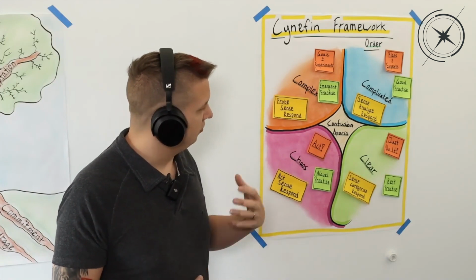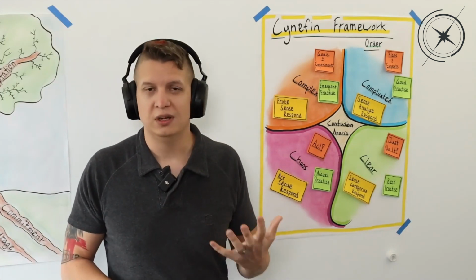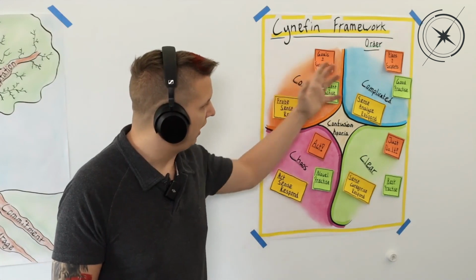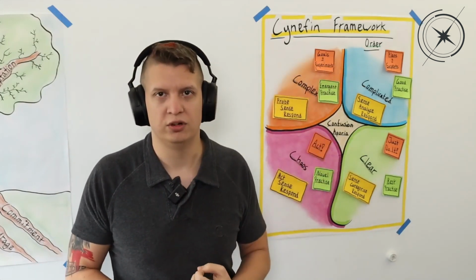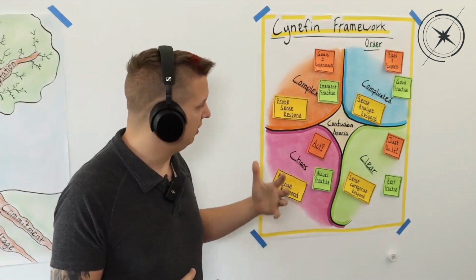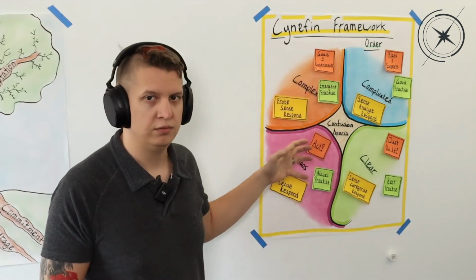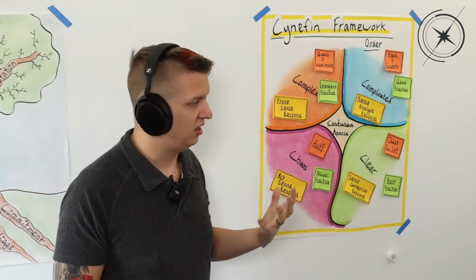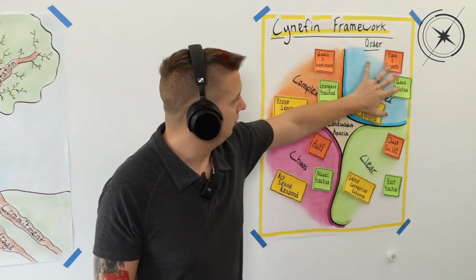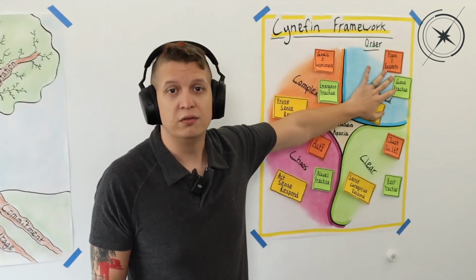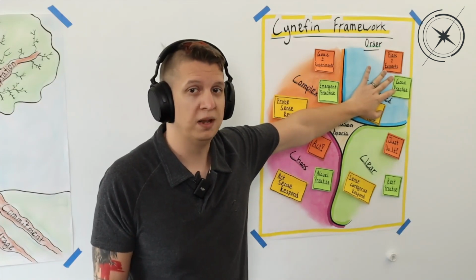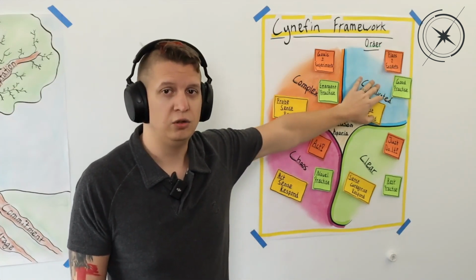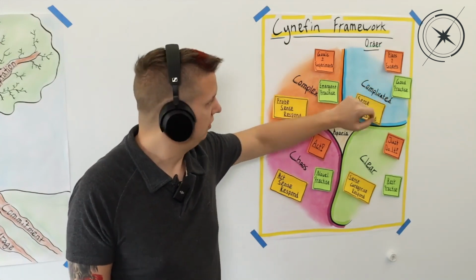So the Cynefin framework is really helpful because, one, it can help you a little bit by knowing more about how the different environments present themselves. It can help you identify the kind of problems you're dealing with. And even more importantly, it can help you understand how to deal with them, how to go about working with them. As you may have guessed from me talking about them, complicated stuff is still fantastic for project management. That's kind of what it was designed to do, right? Make a plan, get the relevant people in, execute, and get reliably good results.